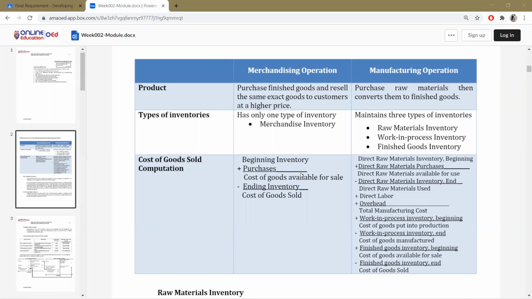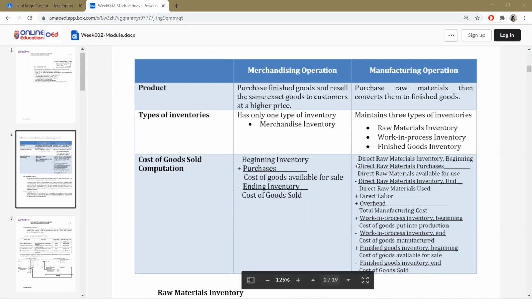Why would you record it as part of your cost of goods sold if it is still in your company or in your office building? Why include it in your cost of goods sold? So we deduct the ending inventory because it is not yet part of the expense portion, because cost of goods sold is an expense. Okay.